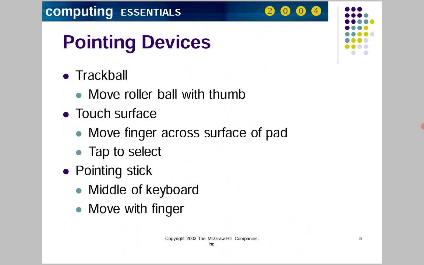Trackball means generally a pointer with a ball, and the pointer is moved by using some rollers. So by using thumbs we can operate trackballs. And another device is called touch surface or touch screens. Touch screen, as you know, is a device which is regularly used on phones, mobiles, and computers also.